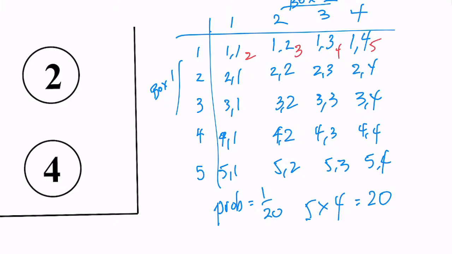This one would be 3, 4, 5, 6. And then 4, 5, 6, 7. You see? 5, 6, 7, 8. 6, 7, 8, 9. And that's it. And so those are the possible outcomes if I cared about the sum.